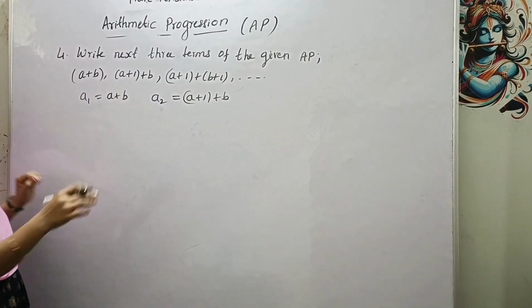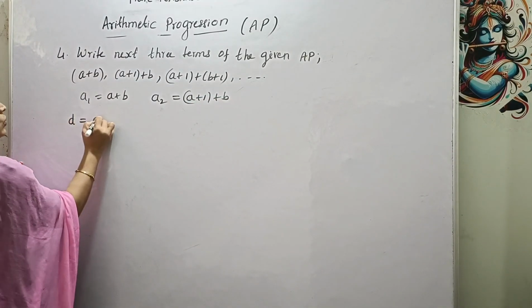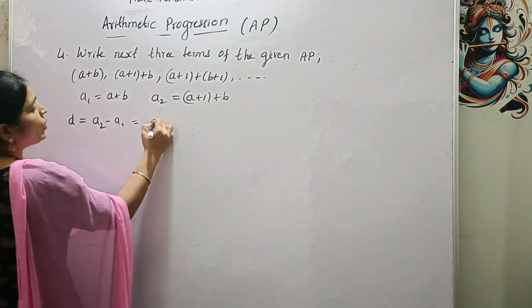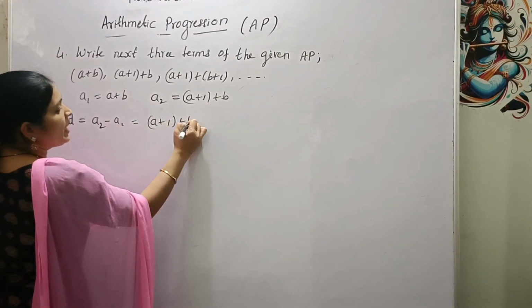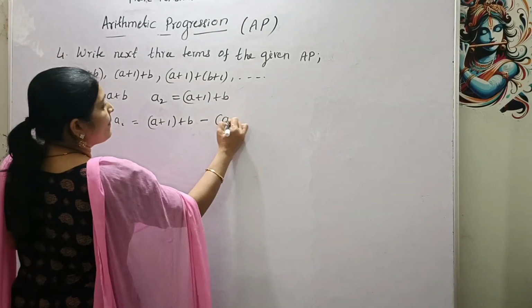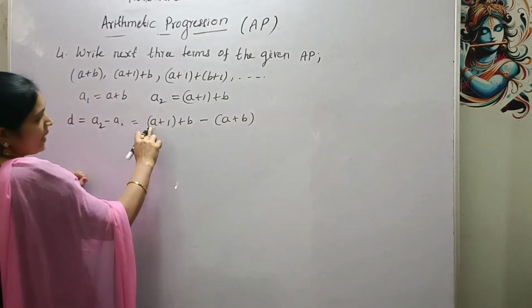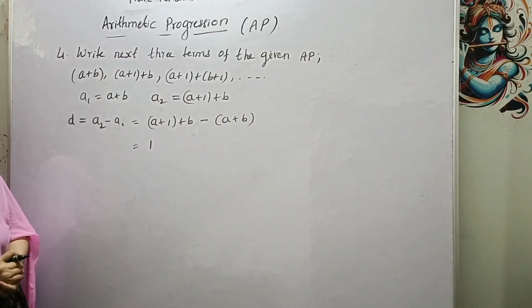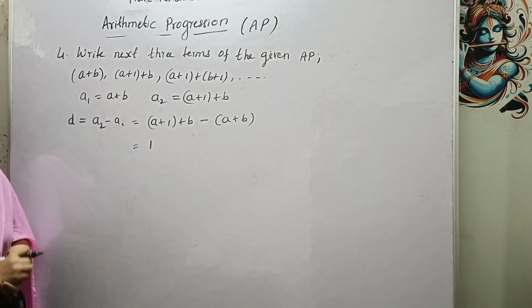So how to find the common difference? Common difference d is equal to a2 minus a1, that is equal to a plus 1 plus b minus of a plus b. So here a plus b minus of a plus b cancelled, so remaining 1. So we have got common difference is 1.